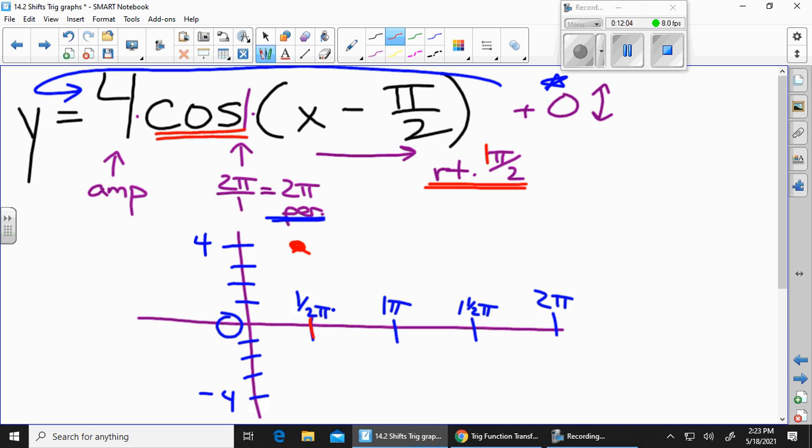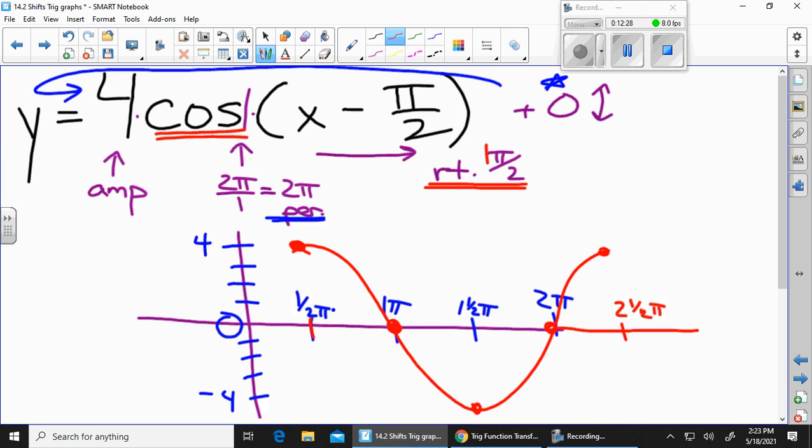And you're going to go max, axis, min, axis. No, I need another point. So I say, well, that's a half, 1, 1.5, 2. So that's got to be 2.5. And I got to end at my max. So there's my picture.